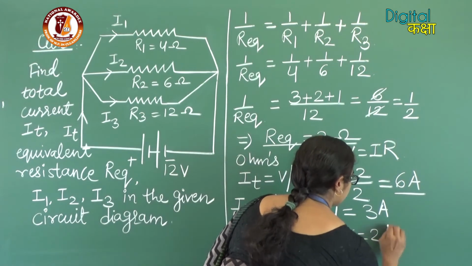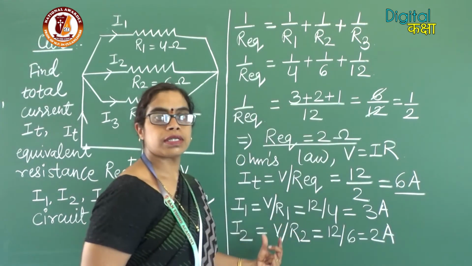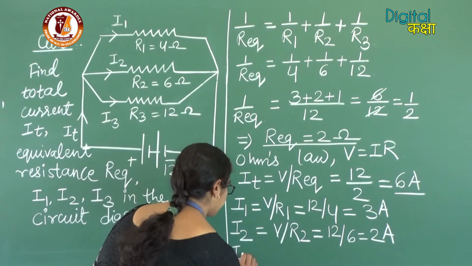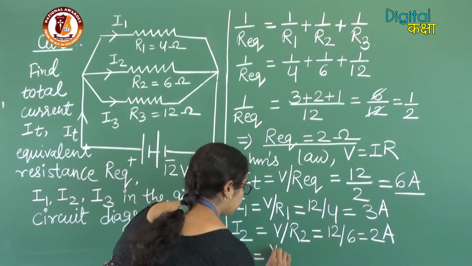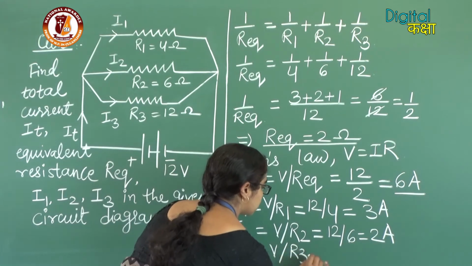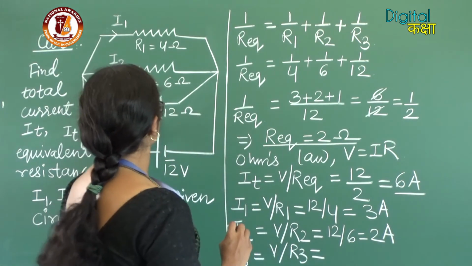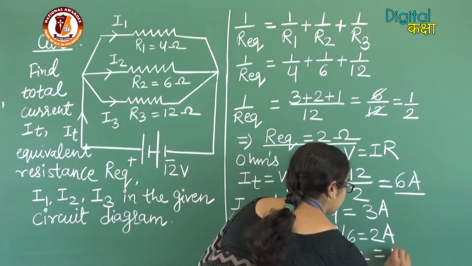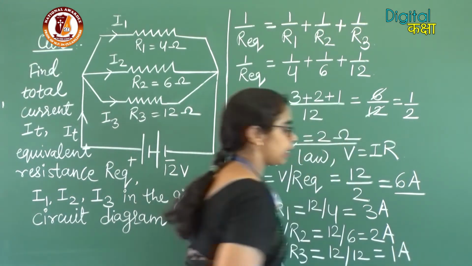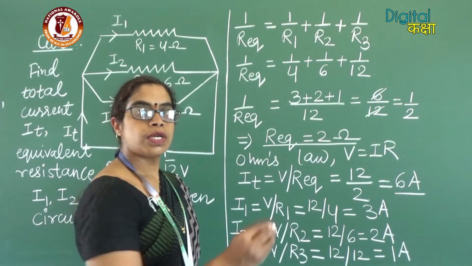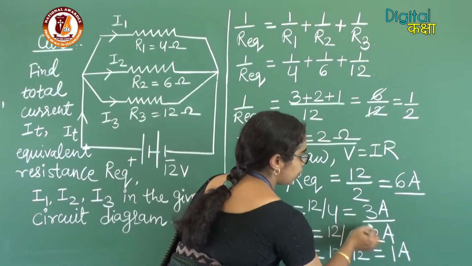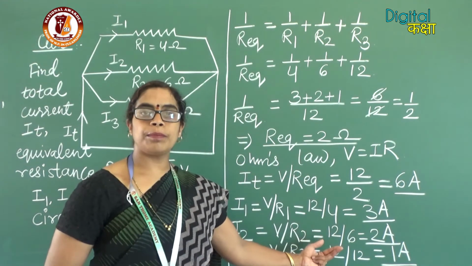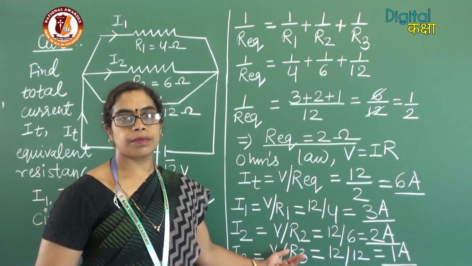It is equal to 2 amperes. The value of I3 will be equal to V upon R3, which is equal to 12 upon 12 is equal to 1 ampere. So this way, the three currents are obtained as 3 ampere, 2 ampere and 1 ampere.